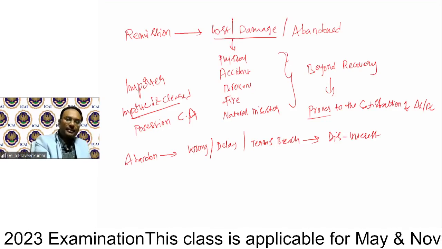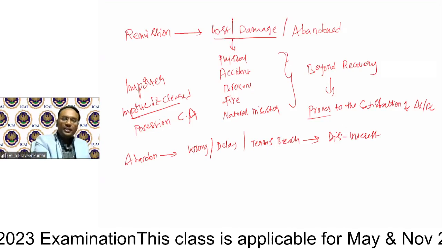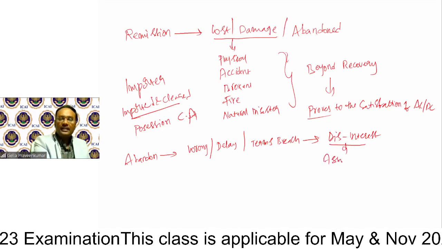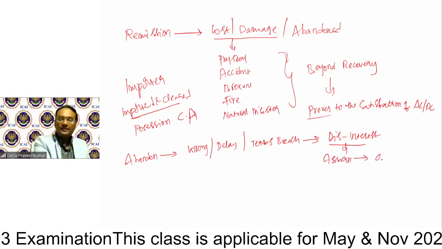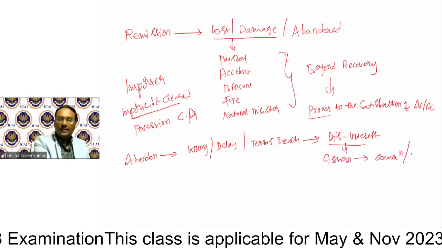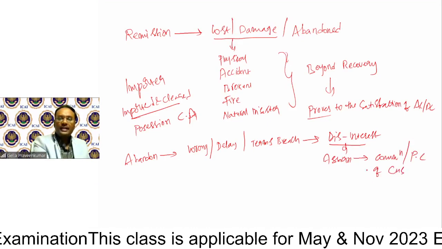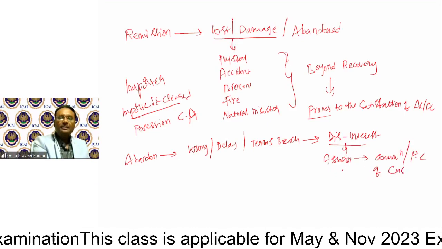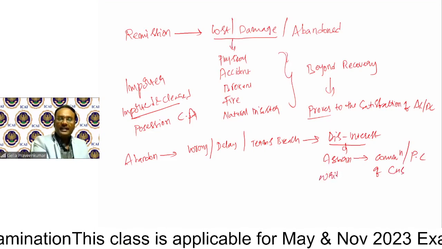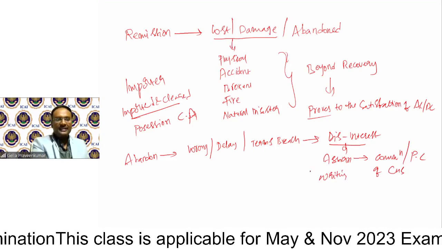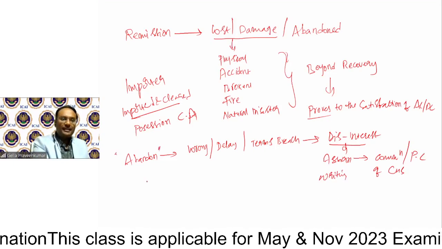When the goods are abandoned, whatever be the reason, you mark your disinterest and assign the right to the commissioner or principal commissioner of customs. So once you have given your right or title to this particular person in writing, then this importer is absolved from payment of customs duty. This is one example of goods abandoned.